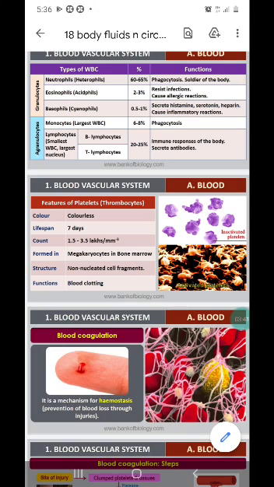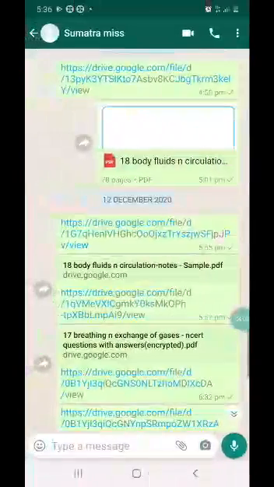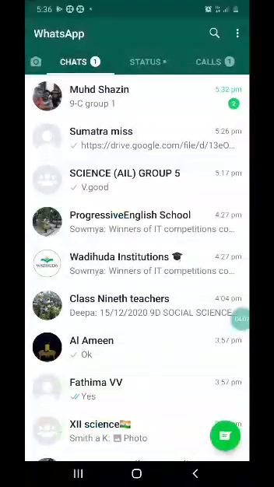Now coming to the types of WBCs, these are the percentages of the different types in our body, and we will be seeing the functions also. The types are neutrophils, eosinophils, basophils, lymphocytes, and monocytes.